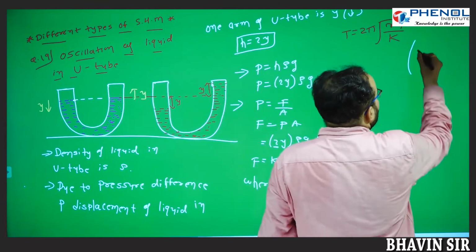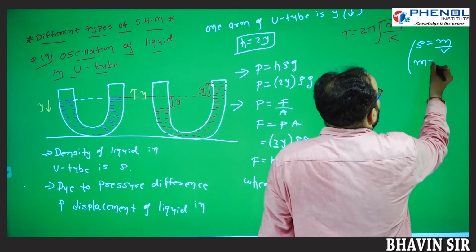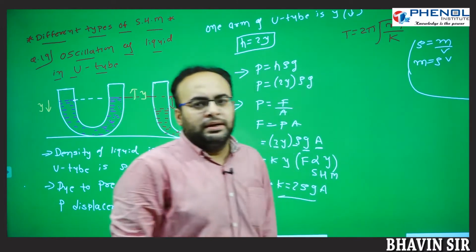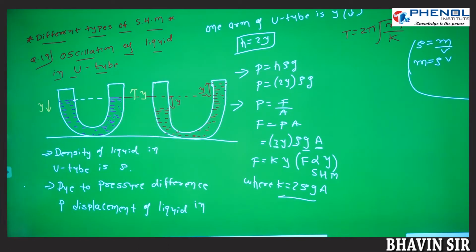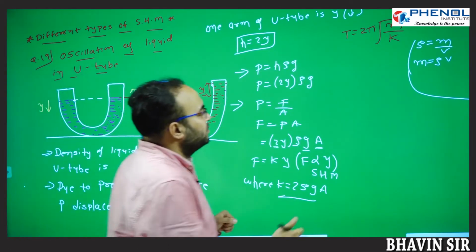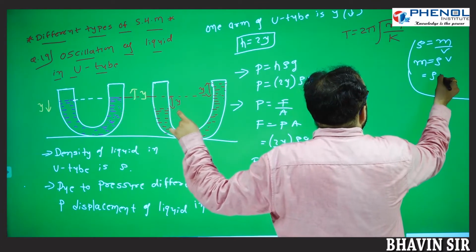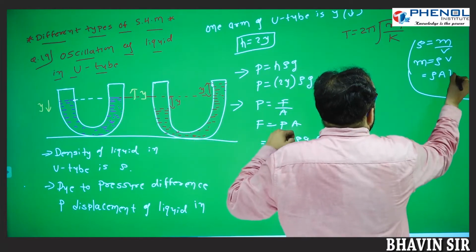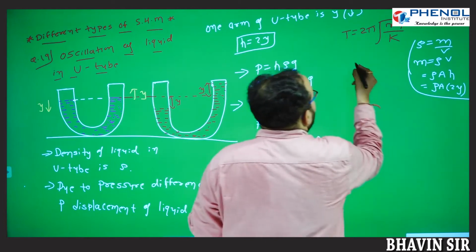Density is equal to mass by volume, so mass is equal to density into volume. What is the volume? Area A times height, and the height is 2y.